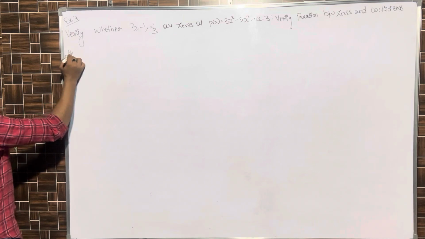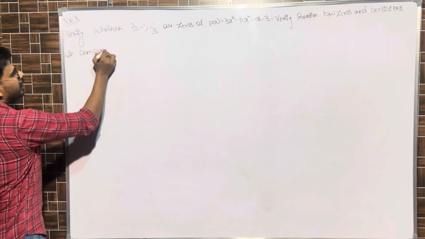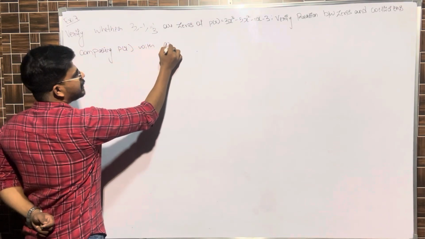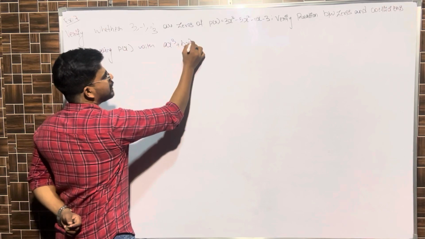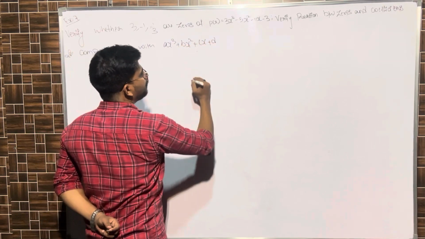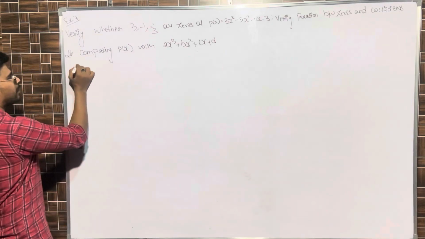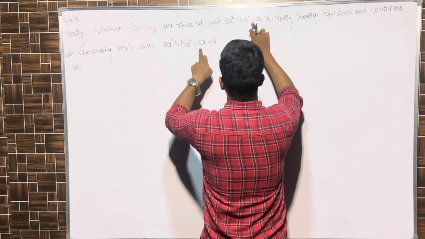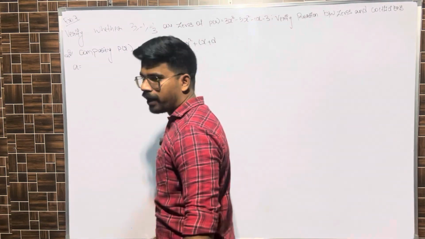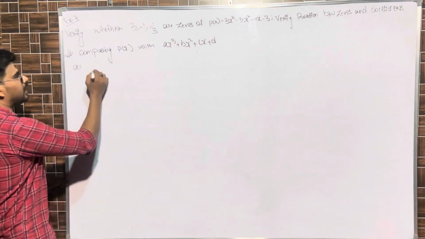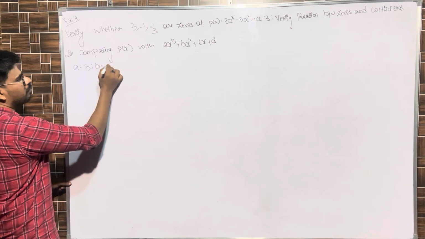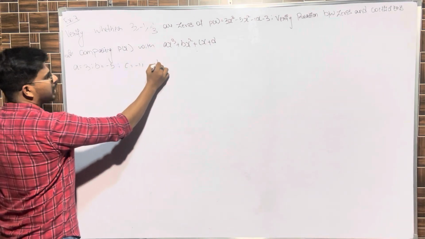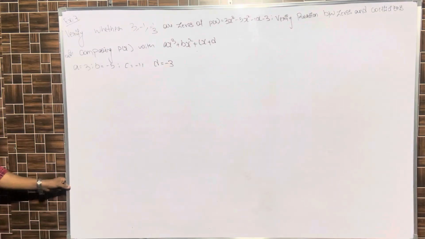Comparing P of x with ax cube plus bx square plus cx plus d, we get a is 3, b is minus 5, c is minus 11, d is minus 3. A, b, c, d we have.